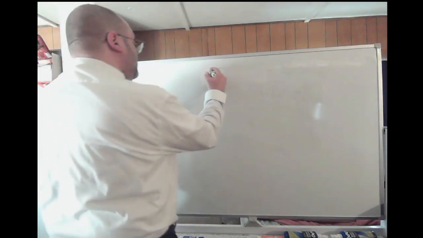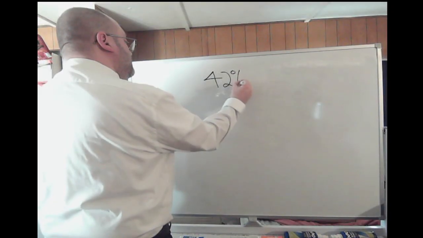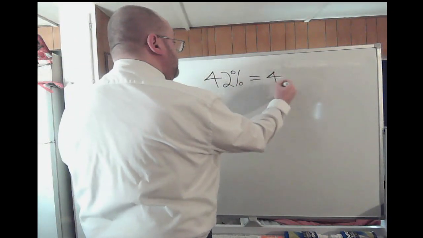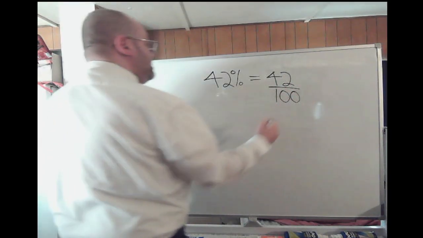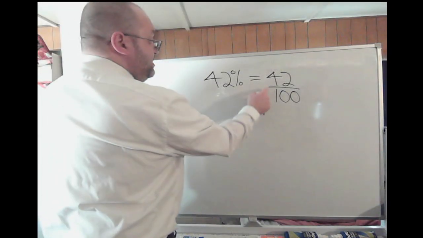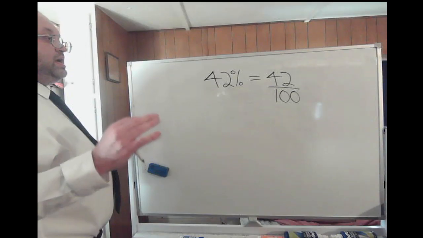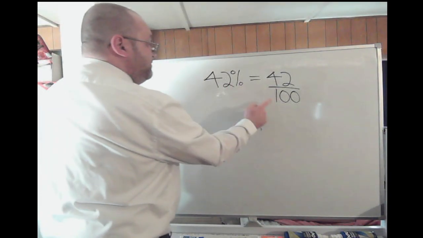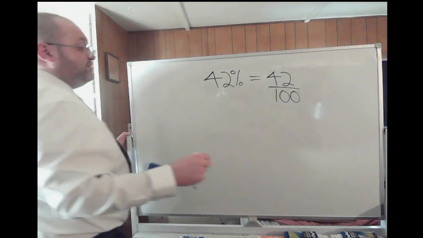So let's start off here. We have 42%, right? 42%. Well, percent means out of 100. So that means you have 42 out of 100. Well, the 42 out of 100 we can clearly reduce to a simpler fraction, because what we're trying to do is convert these percents into a fraction in its simplest form. 42 out of 100 is definitely not simplest form.